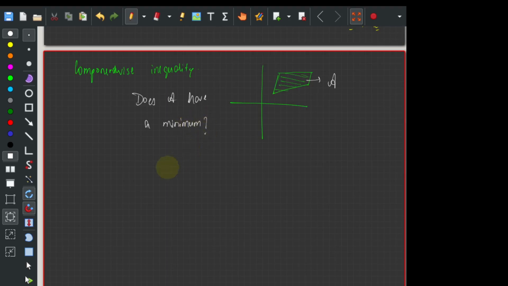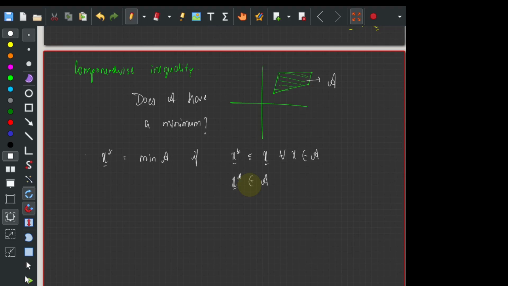And how do I define a minimum? We say that some x, let's say x star, is equal to the minimum of A if, of course, x star is less than or equal to x for all elements in A, and x star should also be a point in A. Right?